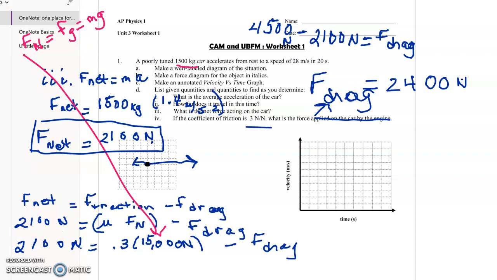When they say newtons over newtons, they just mean a unitless number between 0 and 1. 15,000 newtons is force normal, and remind yourself that force normal and Fg are balanced. So if I know the mass, then I know force normal. Okay, so 0.3 times 15,000 is 4,500. So I'm going to bring this over. 4,500 minus 2,100 is going to give me 2,400.